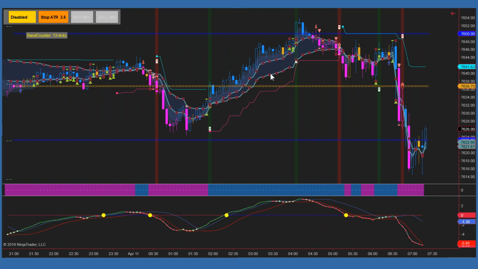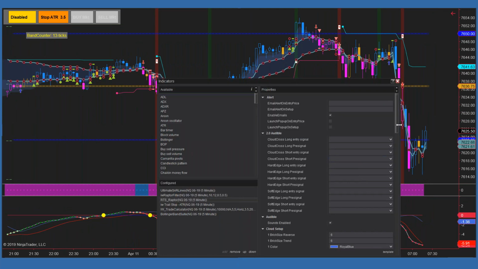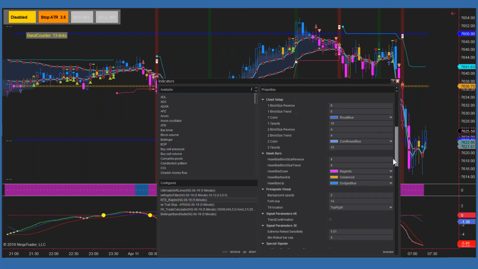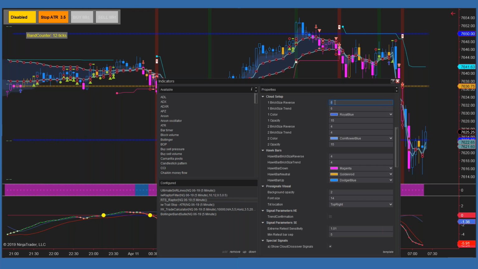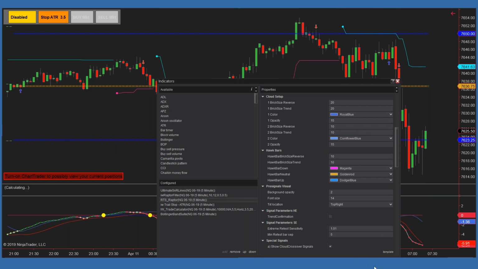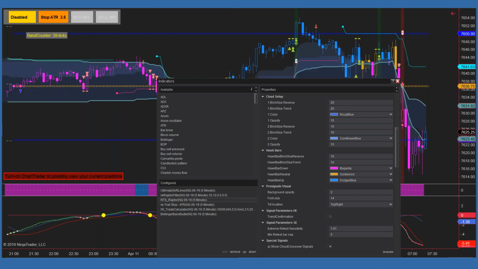Let's go the other way. Let's make all the values bigger. So let's go 20 and 20. Let's go 10 and 10. And with the faster cloud, let's go 10 and 10 and see what that does. Aha, okay.